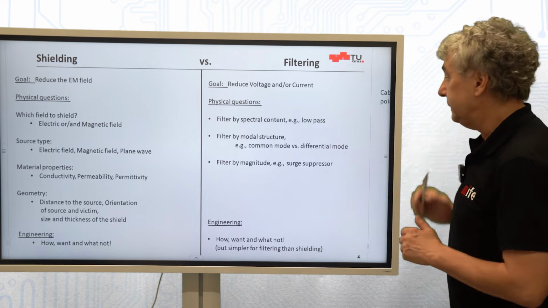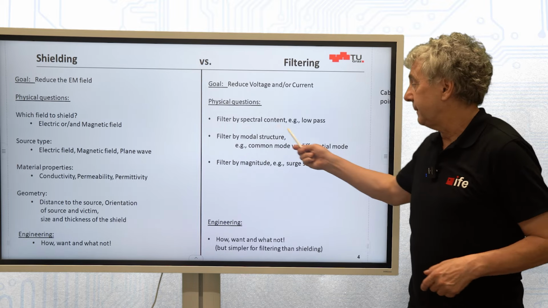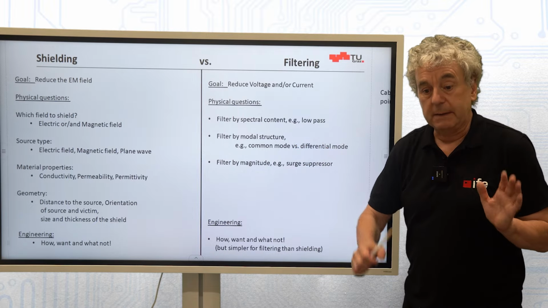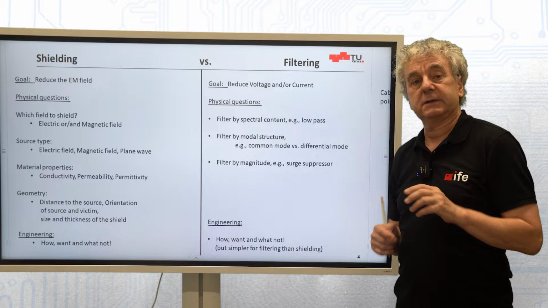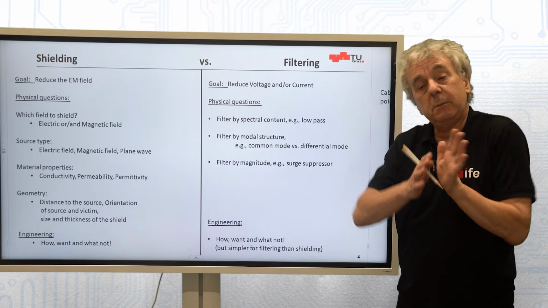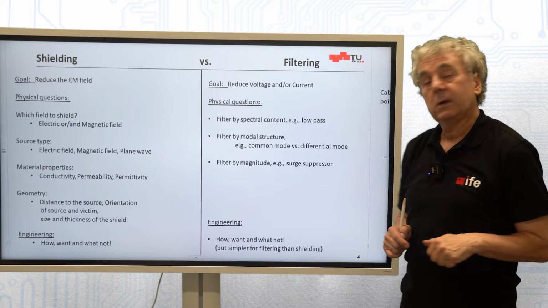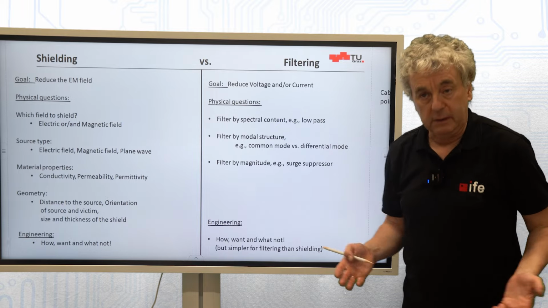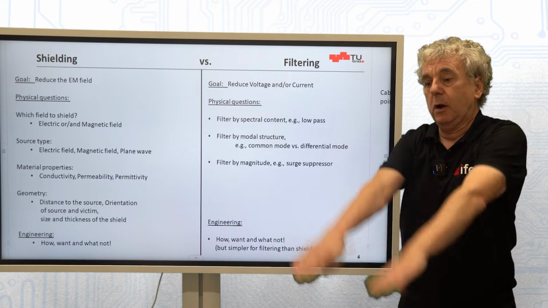Now for filtering, we have different filtering strategies. One is we filter by spectral content. For example, the noise is in a certain frequency range above 100 megahertz and the data is below 20. Then we can simply filter by spectral content, suppressing one. Or we can filter by mode. For example, in a differential pair, we can have differential mode and common mode.